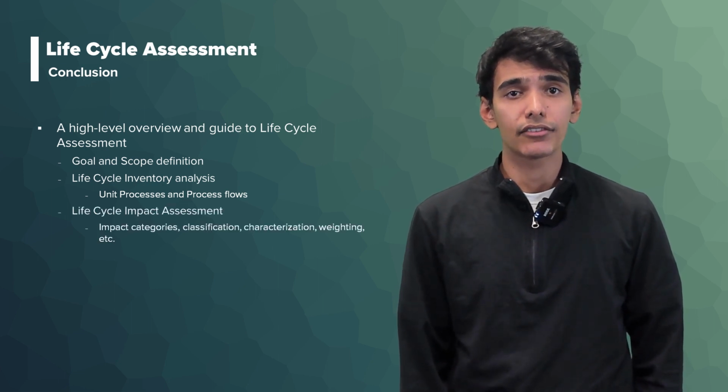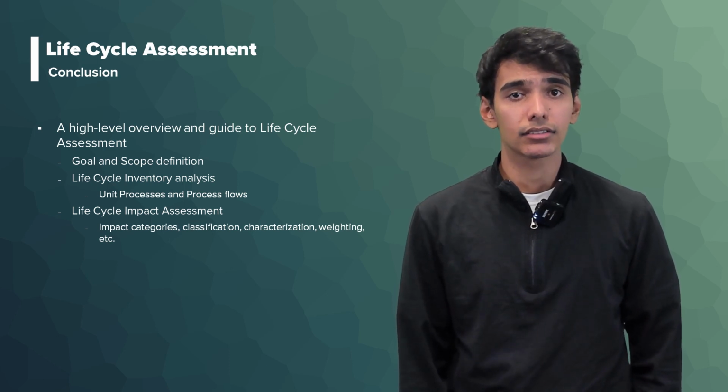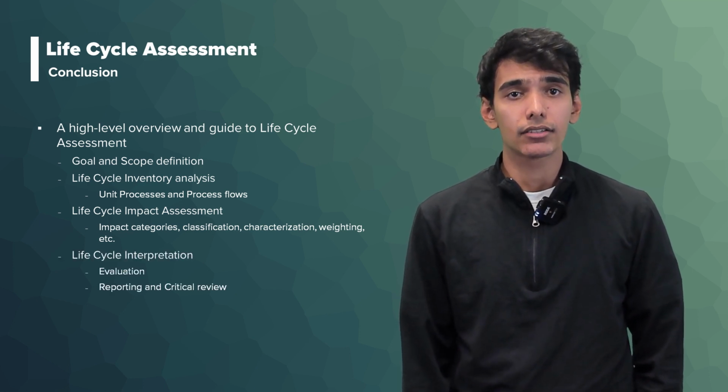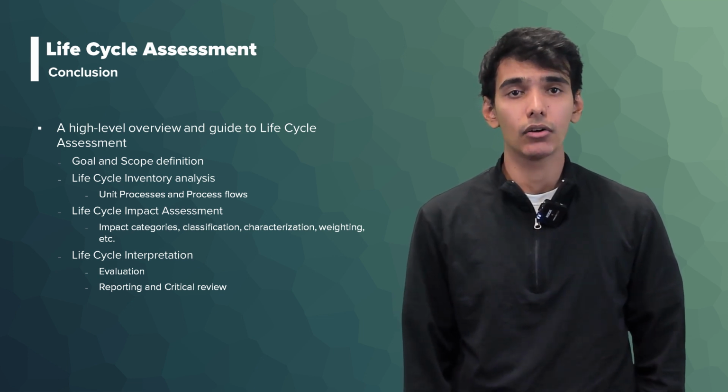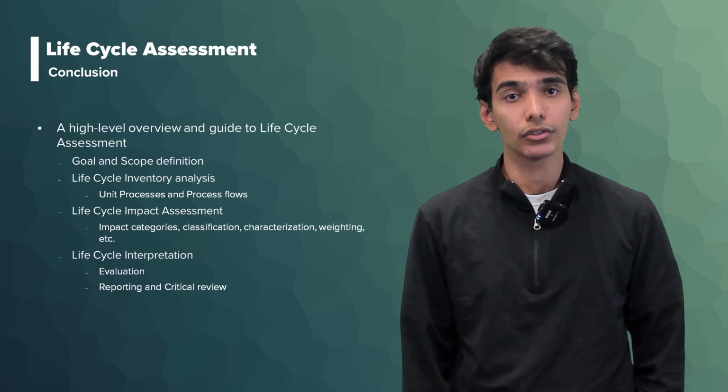Then we looked at lifecycle impact assessment, such as impact categories, classification, characterization, and we looked at some examples. We also looked at lifecycle interpretation, which included evaluation of your LCA and also reporting and critical review.